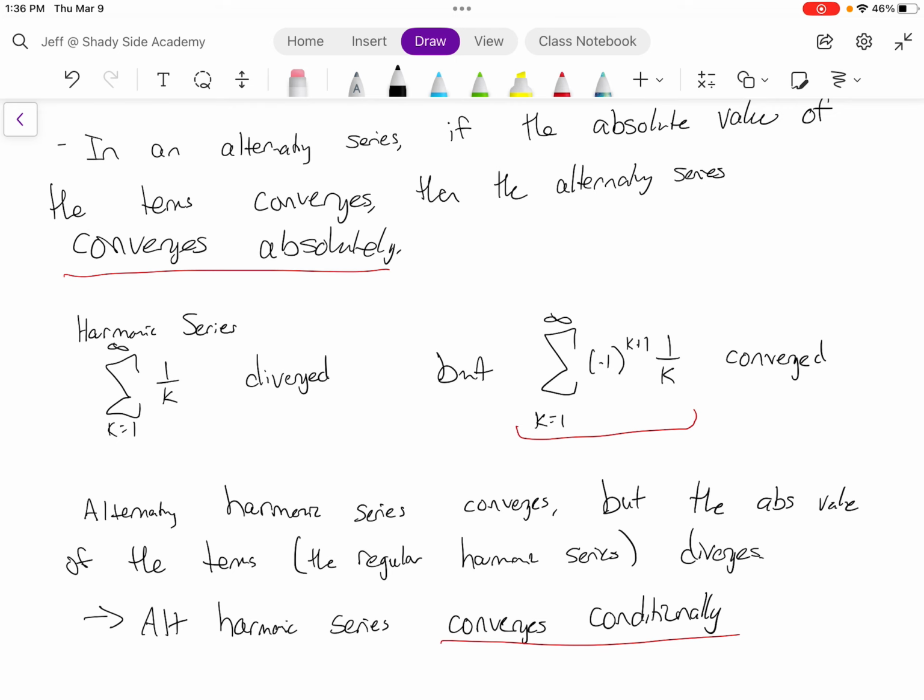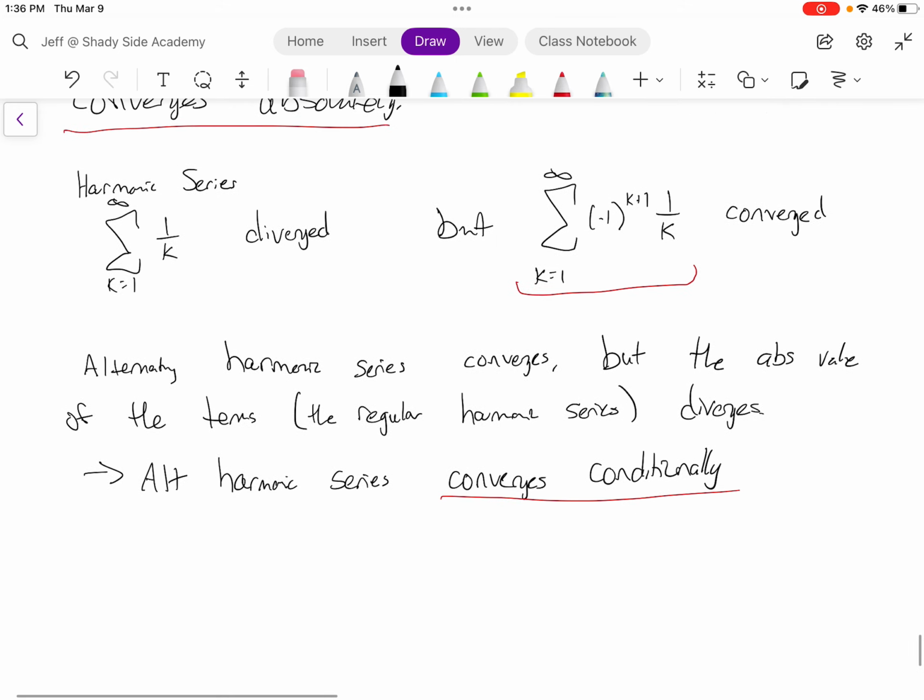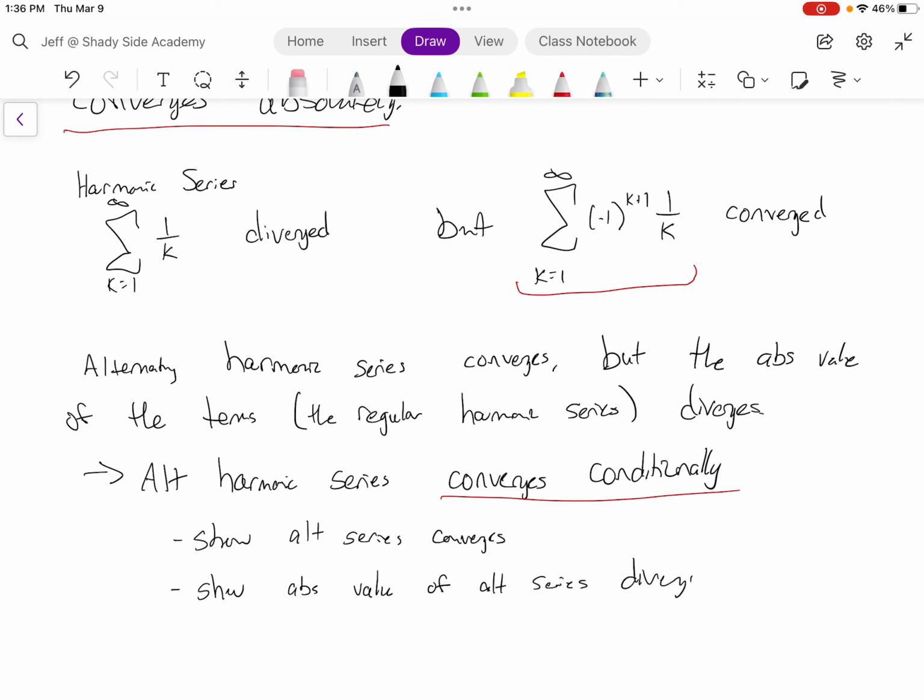To show something converges conditionally, we have to show the alternating series converges, and show the absolute value of the alternating series diverges. So you could use the divergence test or something else to show that those things diverge.